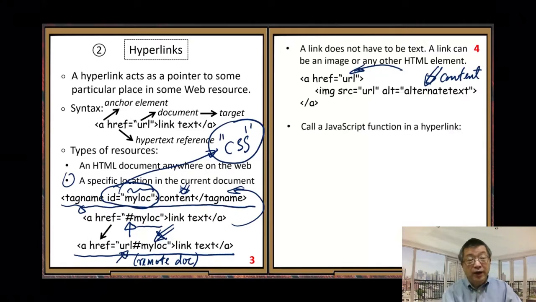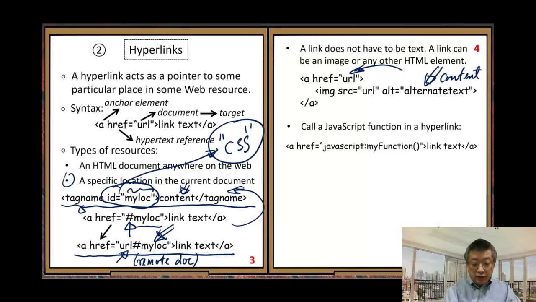Another special way to use the hyperlink is to call a JavaScript function. We haven't learned JavaScript yet. Later, when we learn JavaScript, we have a way to connect a hyperlink to a JavaScript function. The syntax is like this. As the value of your href, you provide lowercase javascript colon, then the function name you want to call.